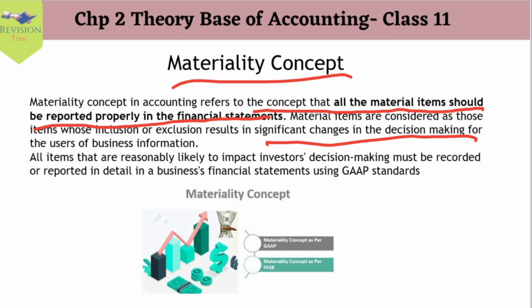This is affecting the business. Whatever items can affect the business and can affect the decision making process of various investors must be recorded in the books, in the financial statements. All items that are reasonably likely to impact investors' decision making must be recorded or reported in detail in business financial statements using GAAP standards. This is about materiality concept.